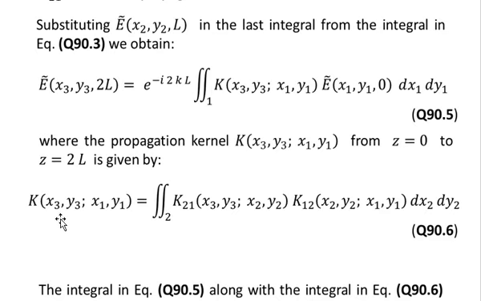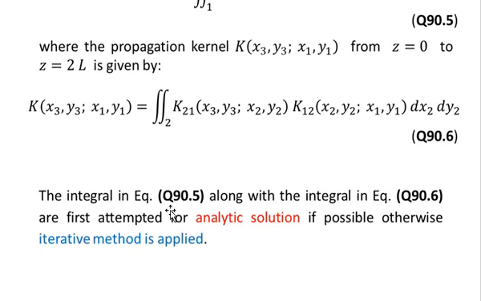So evaluate kappa in equation number 6 first and then substitute that kappa in equation number 5 to solve the integral in equation number 5 to get the field on the left hand side, which is E prime of x3, y3 and 2L. So the integral in equation number 5 along with the integral in equation number 6 are first attempted for analytic solution.